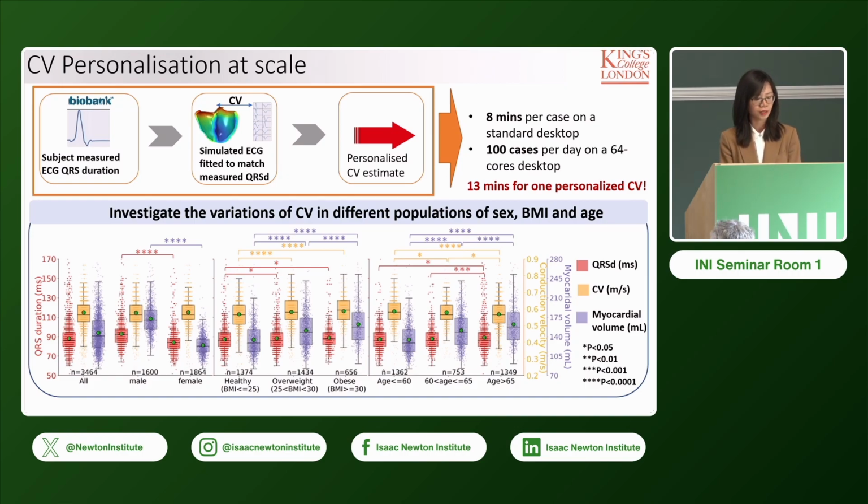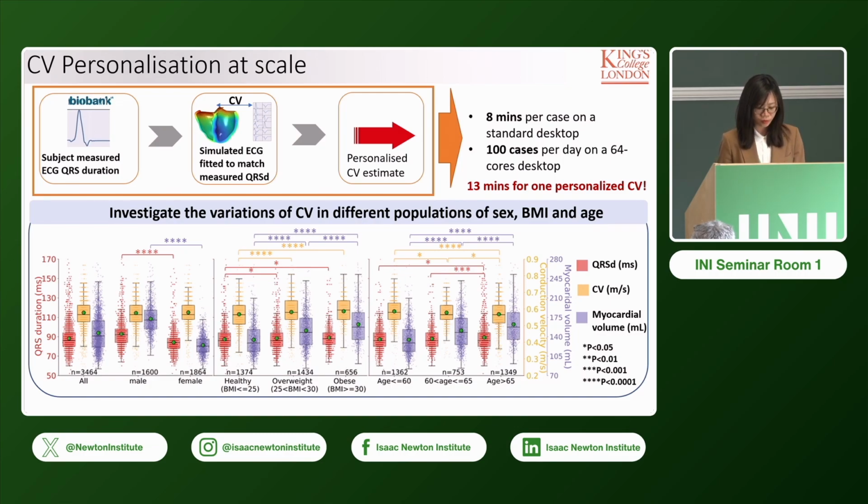We have then processed all the 3,400 cases we have, and we can start answering questions like: are there any changes in the QRS duration that can be better explained by tissue-level properties like the conduction velocity, or do they depend more on structural information like the heart size?